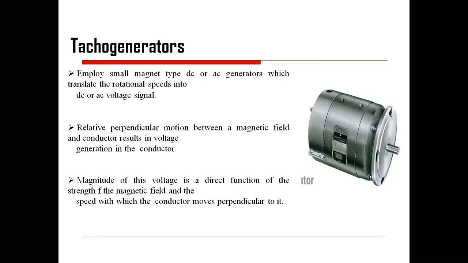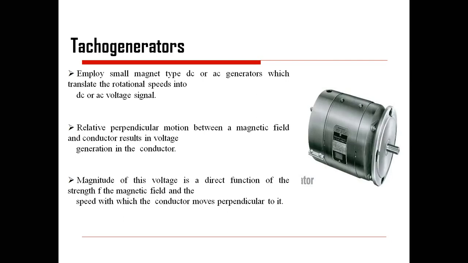Relative perpendicular motion between the magnetic field and the conductor results in generation of voltage in the conductor. This is the principle that is used, because here there is perpendicular motion between the magnetic field and the conductor, which results in the generation of voltage.